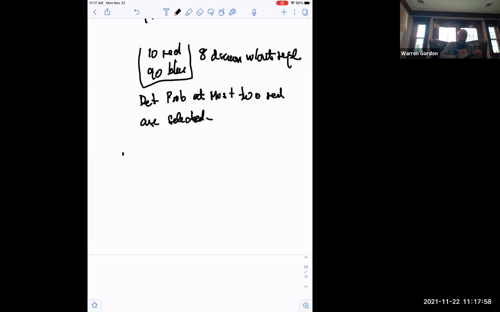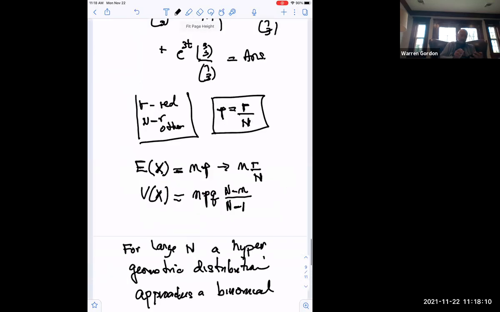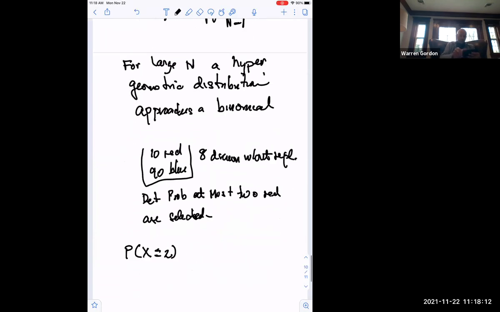So what's the probability? Here's what we're asking. X is less than or equal to 2. So this means X is 0, or X is 1, or X is 2.